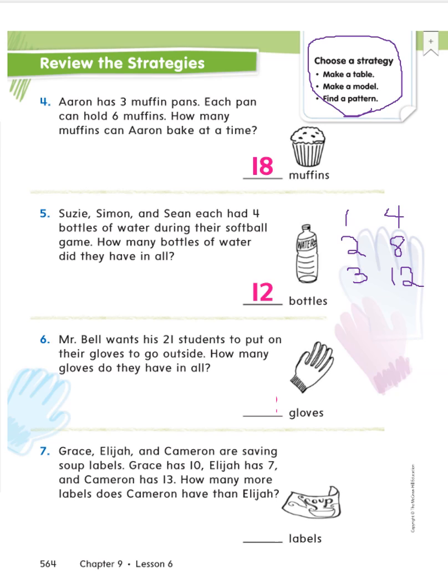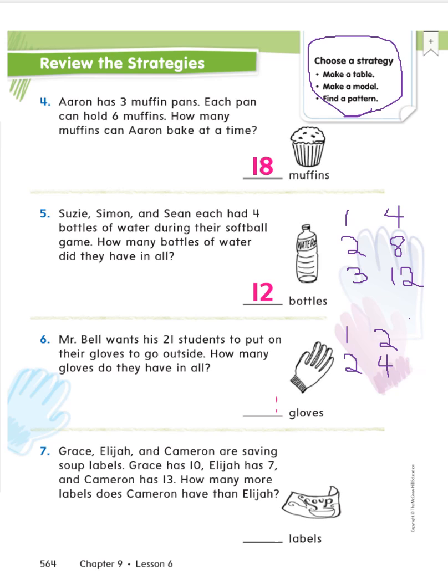Let's try number 6. Mr. Bell wants his 21 students to put on their gloves to go outside. How many gloves do they have in all? Well, this is going to be a pretty big graph. One student has 2 gloves. 2 students have 4 gloves.